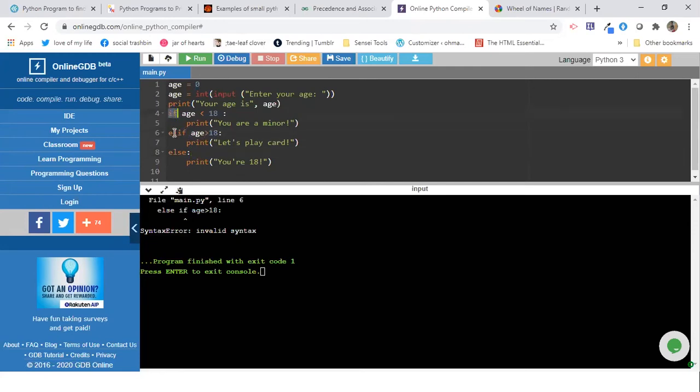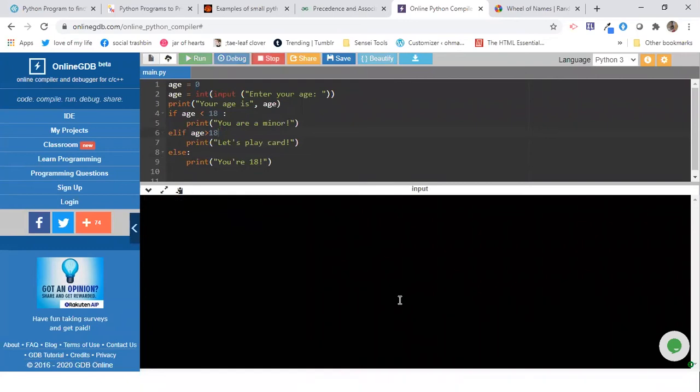The sequence is always if, elif, and then else. Else is always the last resort. If the first condition and second condition are not met, this is the last instruction it will do. So if, elif, and then else. If we don't see the colon, what will happen?